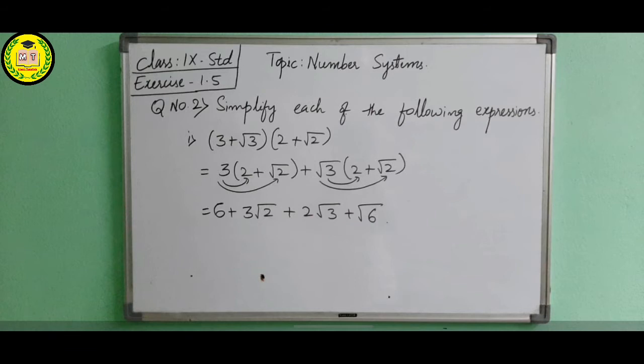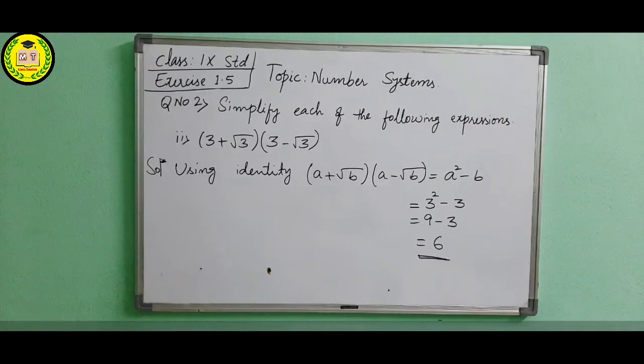Now the second question of this same bit. The second question is (3 + √3)(3 − √3). If you see this carefully, the terms are the same, one time with plus and one time with minus. So it can be solved with the formula (a + b)(a − b).